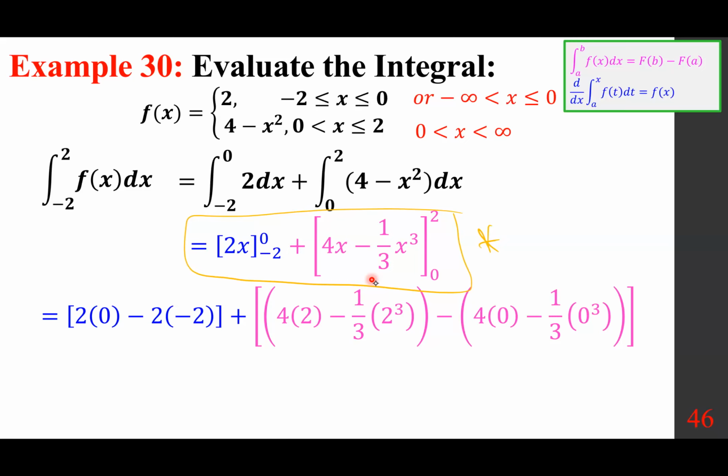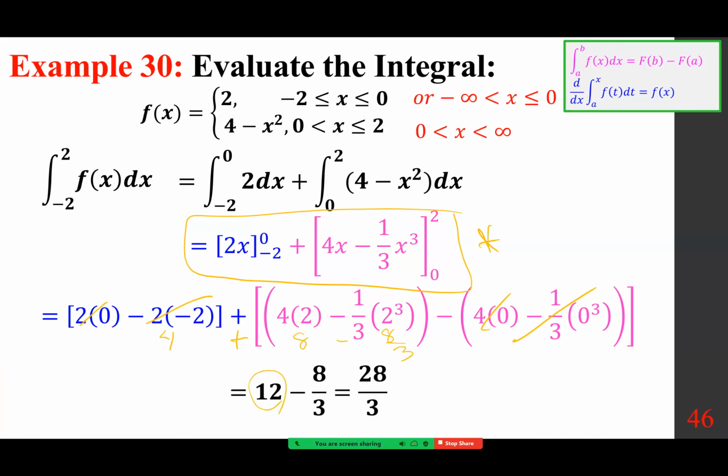Let's see what we have here. This is 0, don't worry about it. This is positive 4. This is 8. This is minus 8/3. This don't worry about it. This don't worry about it, right? So what we have is 4 plus 8, 12, minus 8/3.